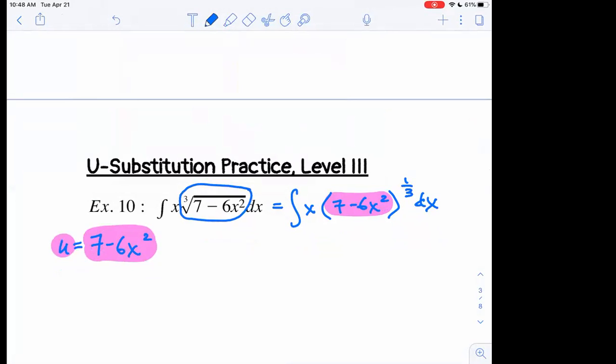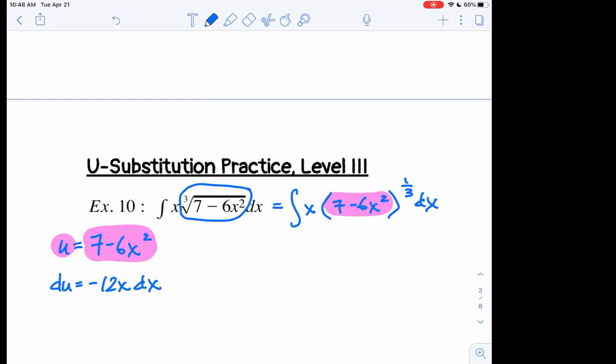So let's find our du here. 7 goes to 0, and minus 6x squared goes to negative 12x dx. What do I need to do to this du expression before I'm able to fully substitute things into my integral?